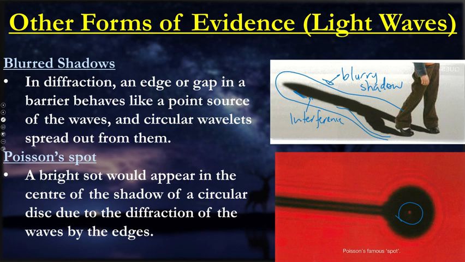Another thing that you can see, like I said with the shadows, is it's a bit dark here, it gets brighter here, and then it gets dark here, and then brighter here, and then darker here. Now it could be just the image I used, but you can see our concept of interference: you have destructive interference here, then constructive, destructive, constructive, destructive. So you can see there's an interference pattern around the shadow.